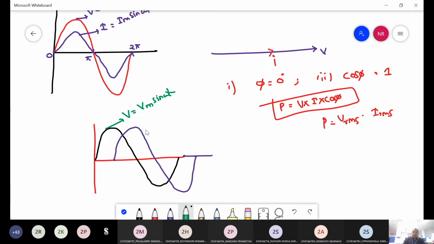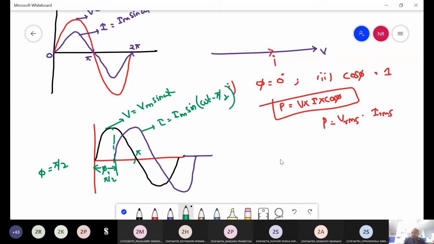Then what about current here? Current is here, the angle is phi. That phi is equal to pi by 2. Here it is phi, then here maximum value, here phi is equal to pi by 2. Then I is equal to Im sin(omega t minus pi by 2).